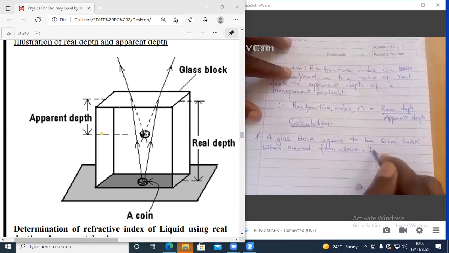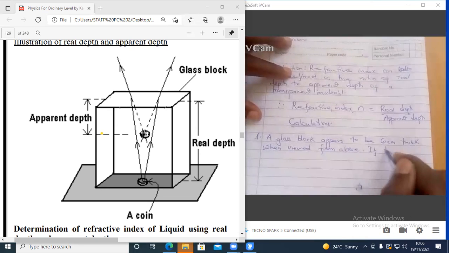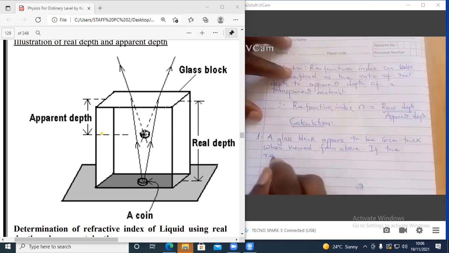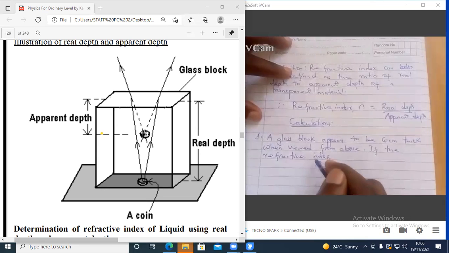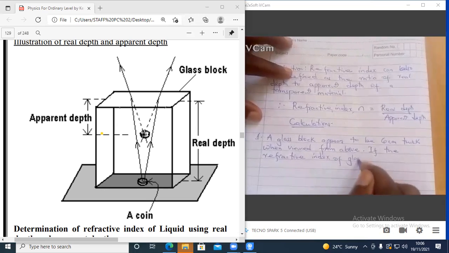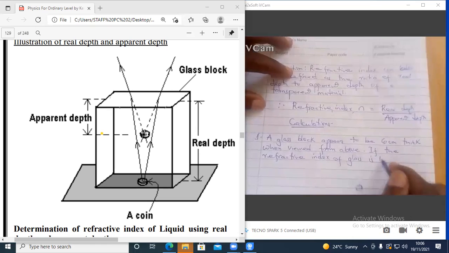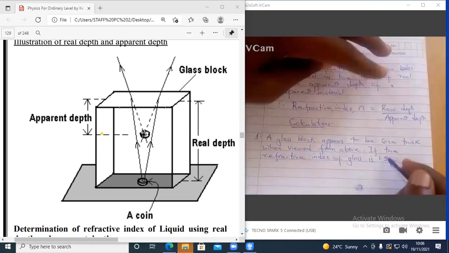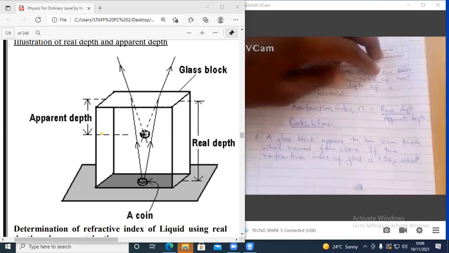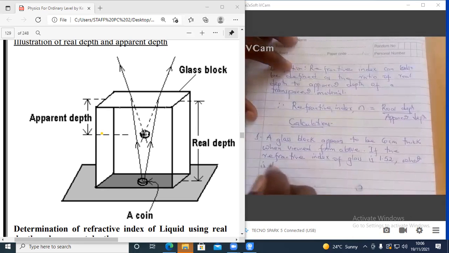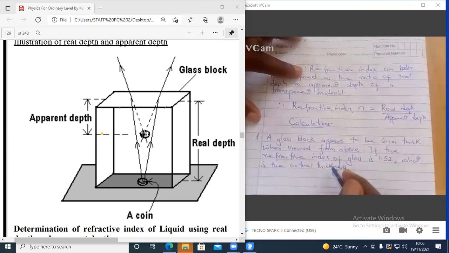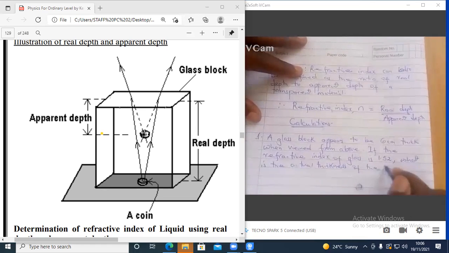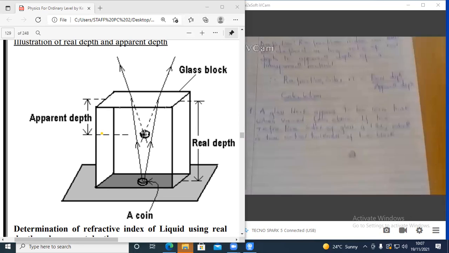If the refractive index of glass is 1.52, what is the actual thickness of the block?